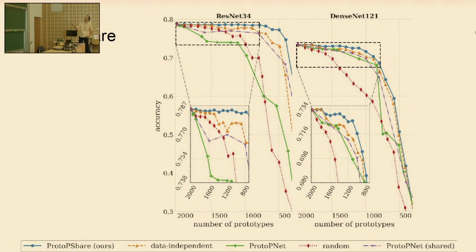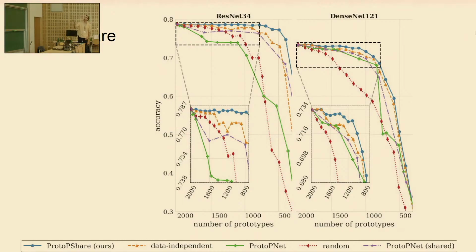So first, let us look at Prototypical, simply trained with different numbers of prototypical parts. Here, all the models were trained with 2,000 prototypes, so 200 classes, 10 prototypical parts per class. So we have 200 times 10, so 2,000.